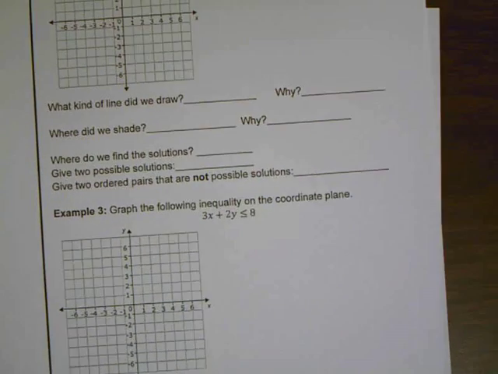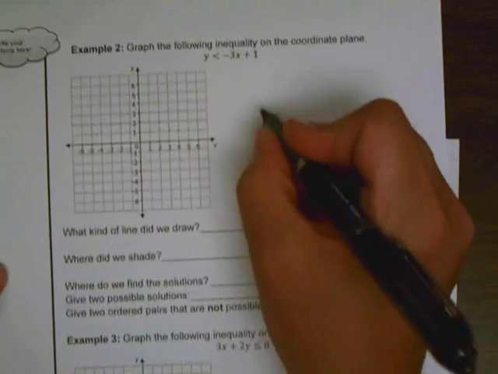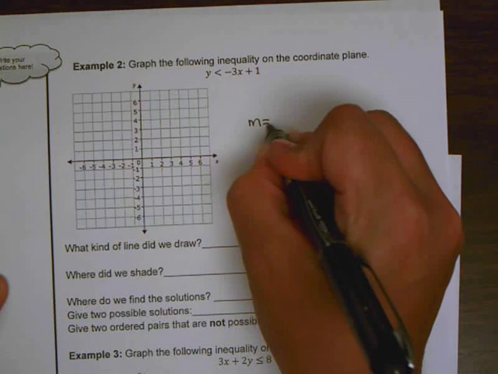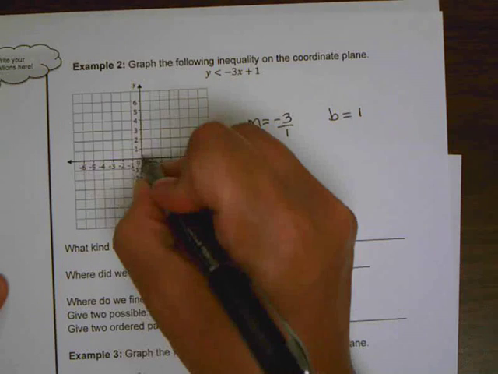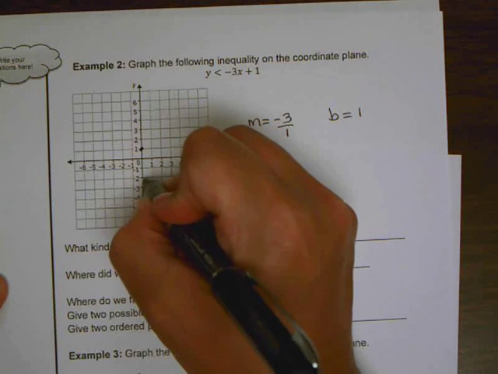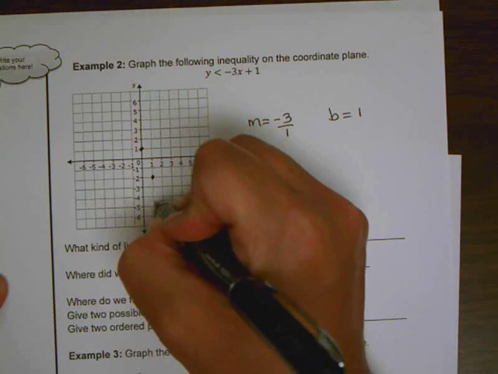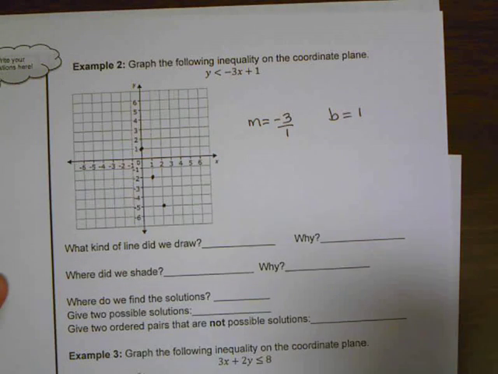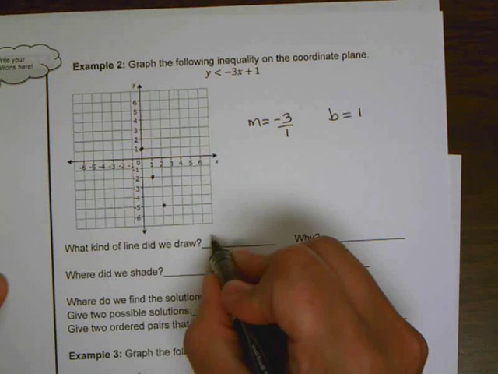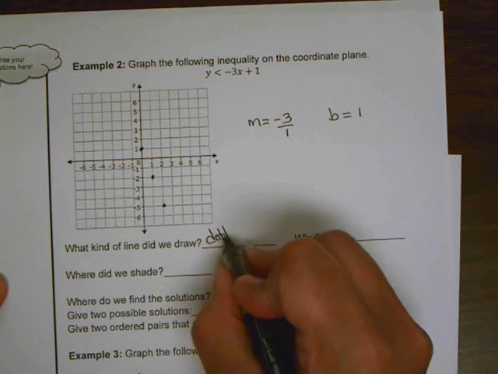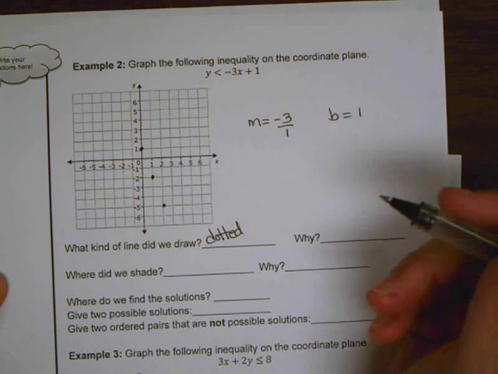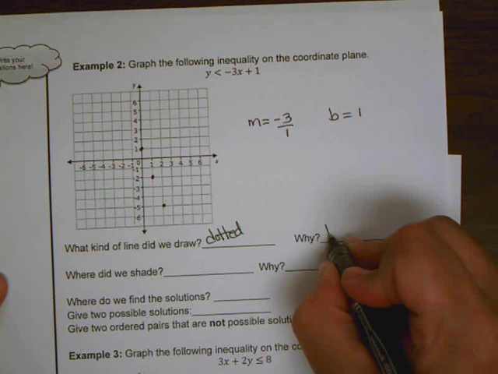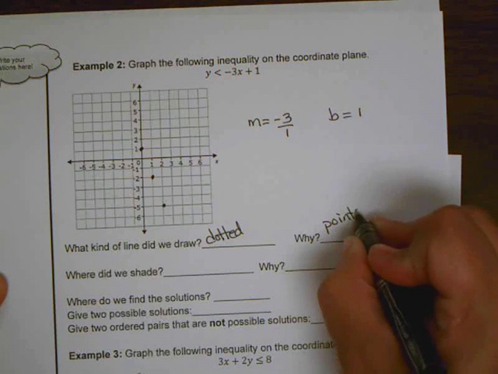Now if we look at example number 2, it's already written in slope-intercept form as well. So the slope is -3, I'm going to put it over 1. Y-intercept is 1. Now this line is broken or dotted. And the reason it's a dotted line is because no point on the line works.